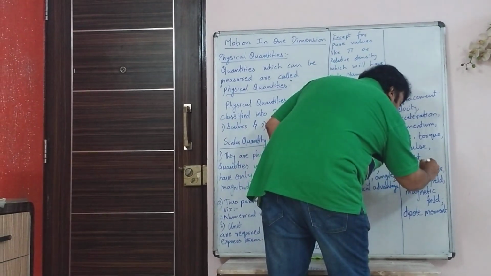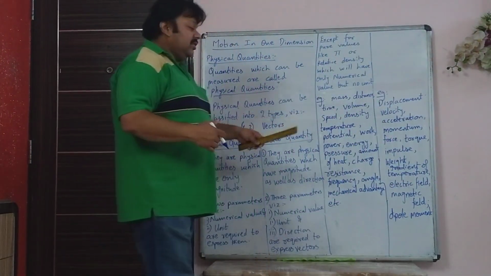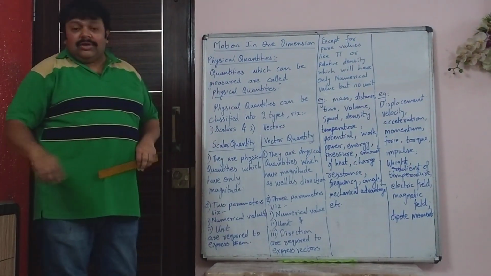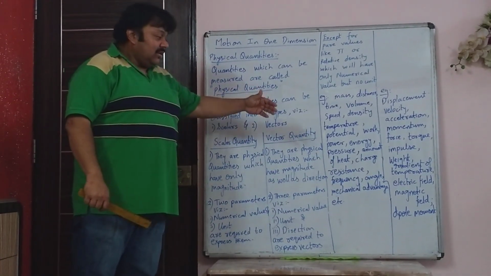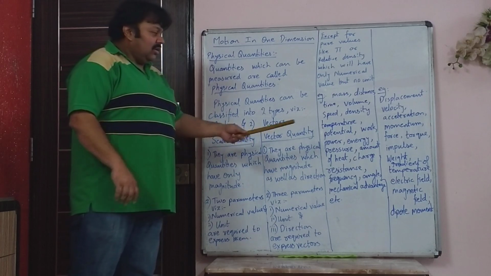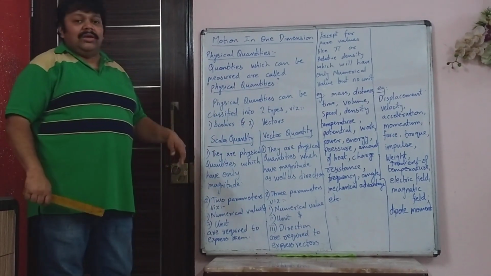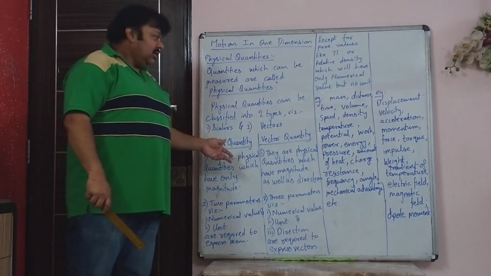So you can mark it gradient of temperature. What gradient of temperature is, I will explain when we come across that in heat topic. So gradient of temperature is also something that is applicable in vector quantity. It is not just temperature.